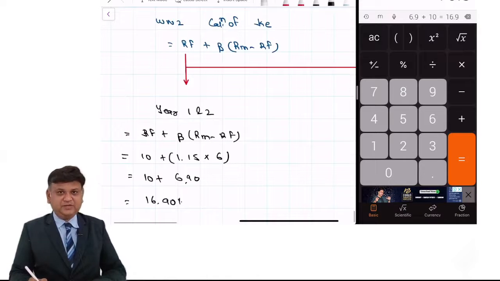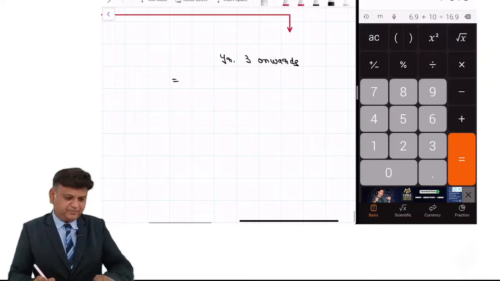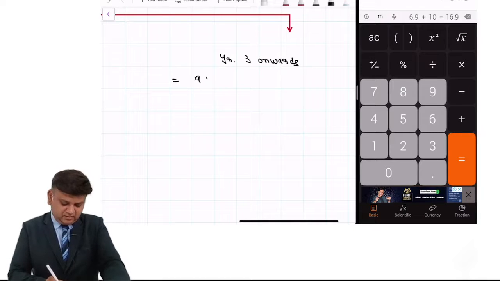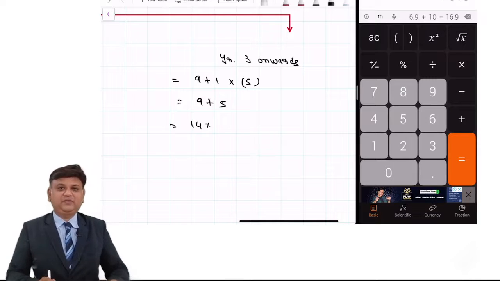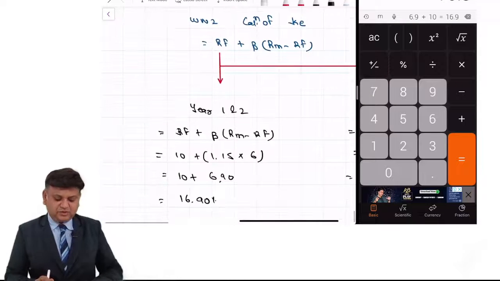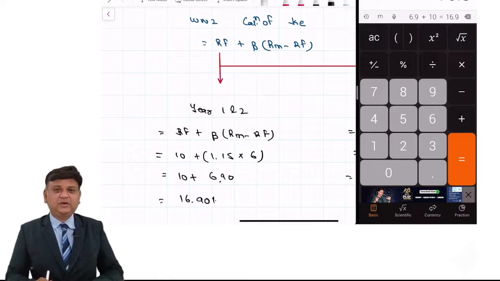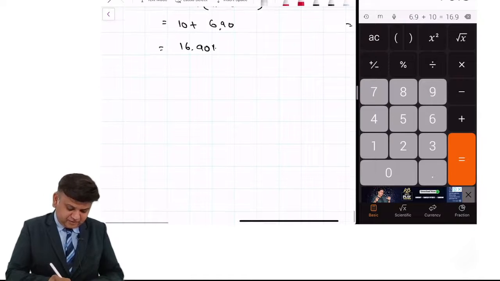That is the way the cost of equity is found. Year 3 onwards, in that case it is 9 plus 1 into 5. So 9 plus 5, that comes to 14%. That is the way the cost of equity is calculated. Once you make the calculation of the cost of equity, afterwards we are required to make the calculation of the weighted average or overall cost of capital. So working note number 3.